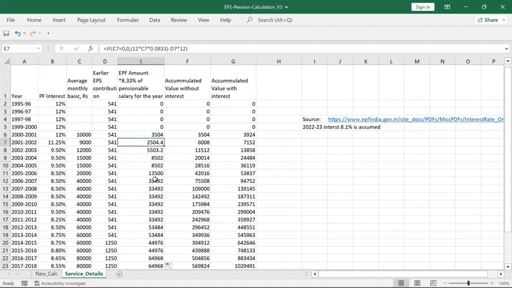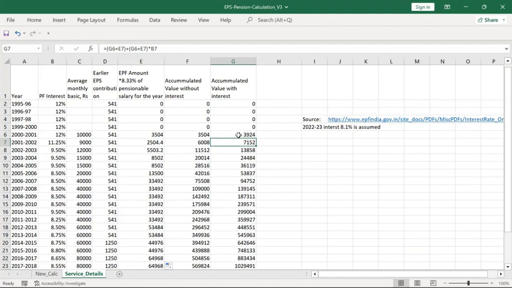To EPS. Now, not only this, the condition is we have to pay the accumulated interest also. For that reason, see here, accumulated value with interest. How did I calculate it? First is G5 plus, sorry, let me take here, G6 plus E7.